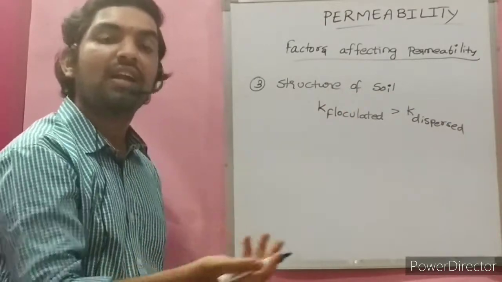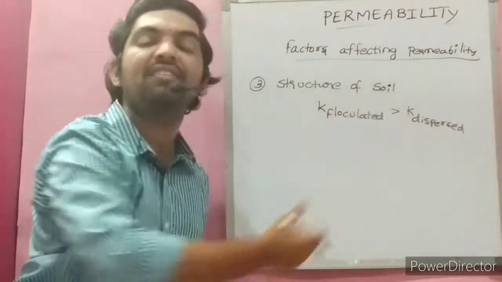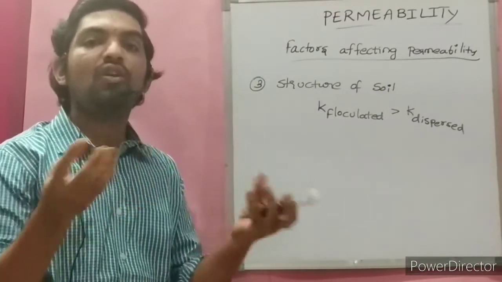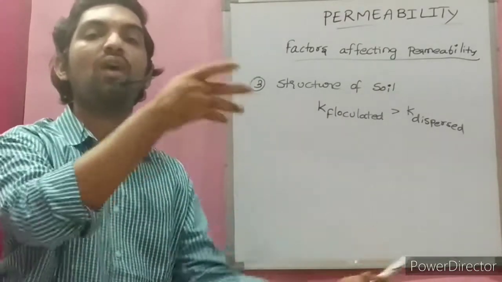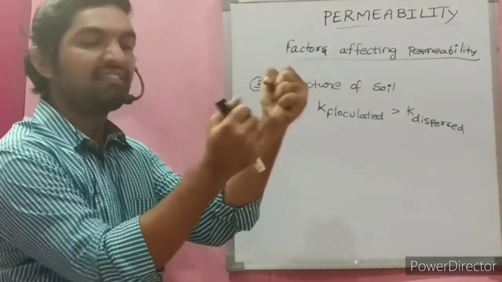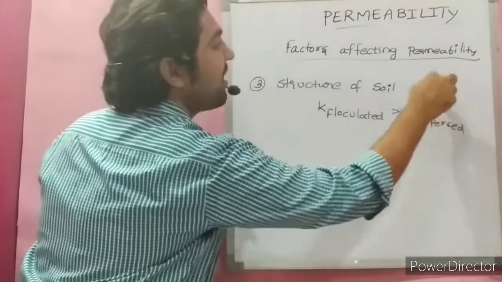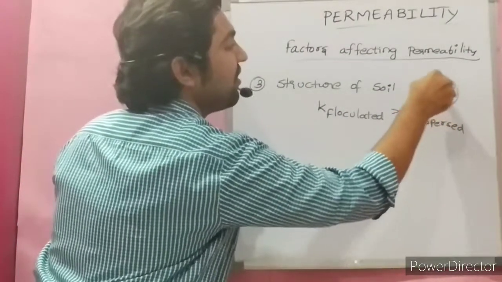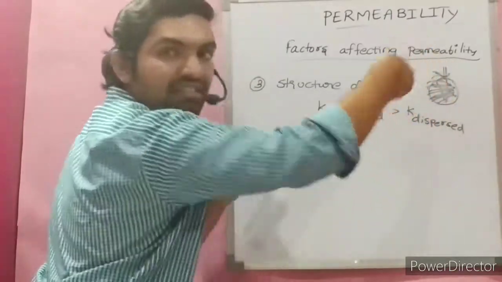For a loose sand, permeability is more compared to a dense sand. Why? For a loose sand, all the voids are very loose. Water can easily enter and flow through the voids. For a dense sand, where there is uniform packing, all the voids are very close. Dense sand is well compacted sand.